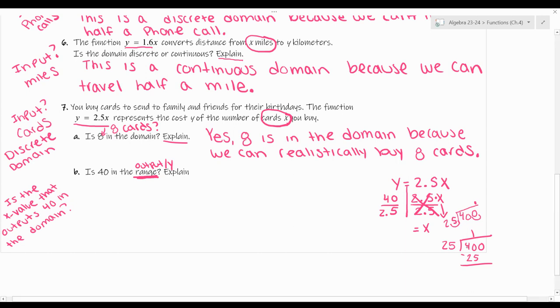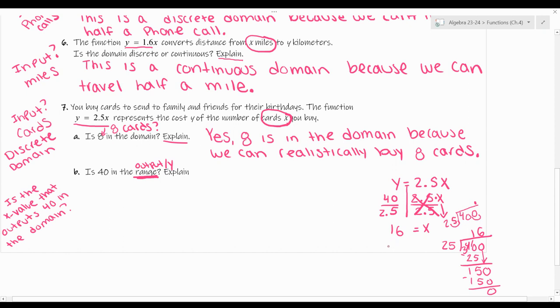Can't do 0 minus 5, so I borrow, and I end up getting 15. Bring down my 0. Can 25 go into 150? Well, here you could just count by your 25s. If you do that, it does go in perfectly. It can go in 6 times. So what does this mean? This means the x value, my input, is 16.